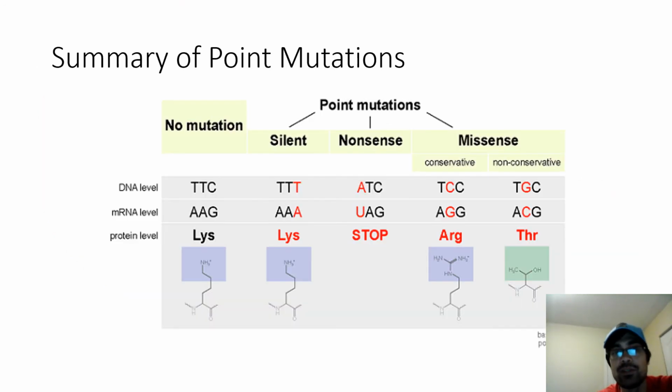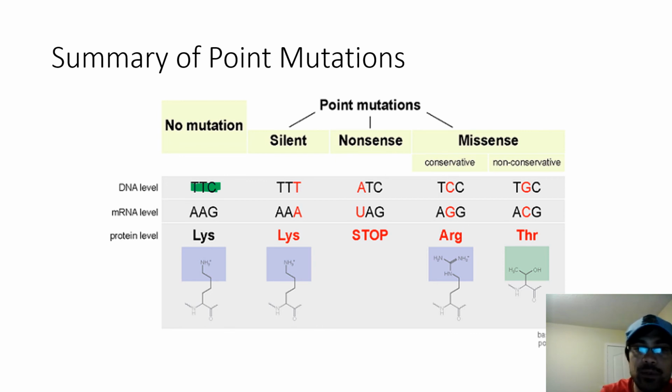So, just an overview of the three types of point mutations: there's the silent, there is nonsense, and there is missense. Silent indicates that the change hasn't affected the overall protein shape because the codon that we got instead still codes for the exact same amino acid. So looking here, say we have TCC as our initial codon.